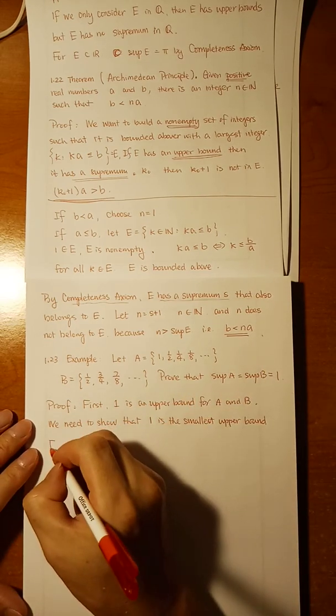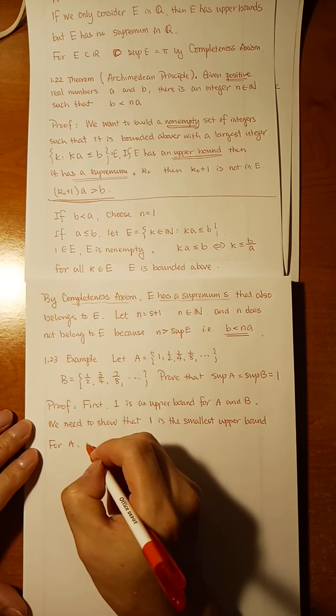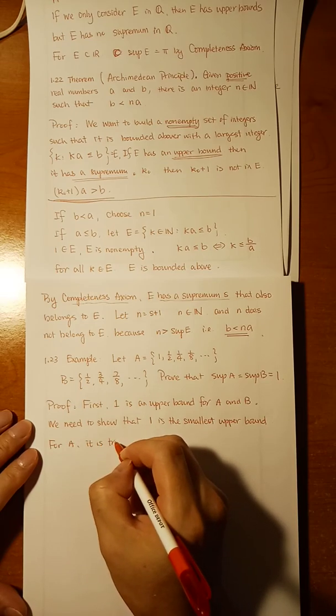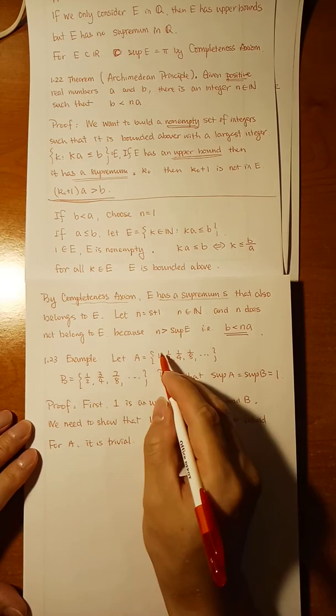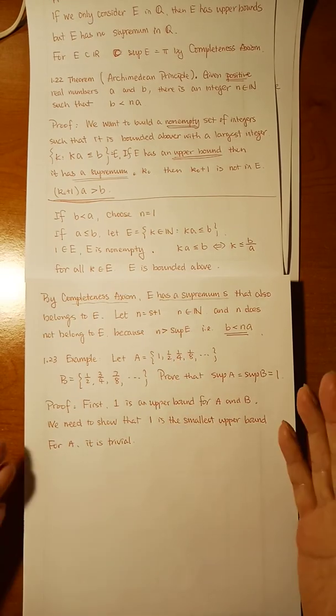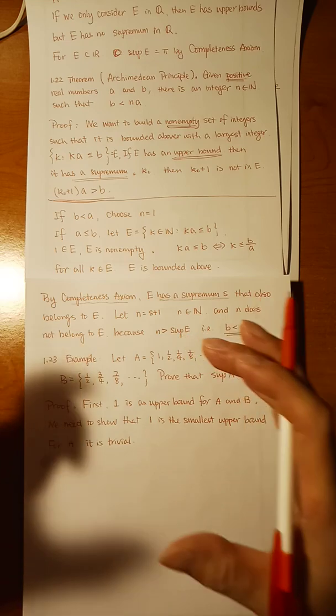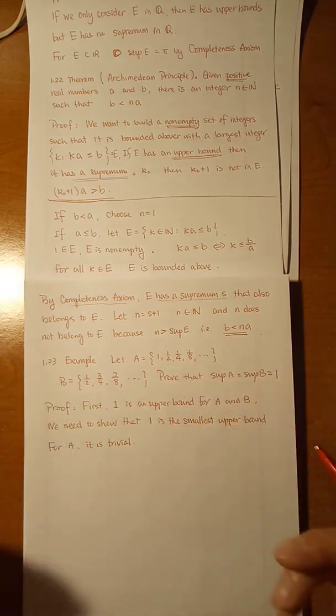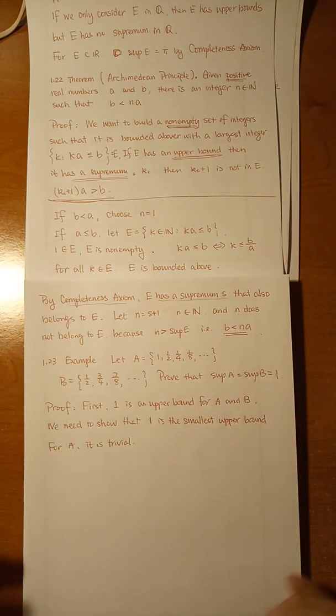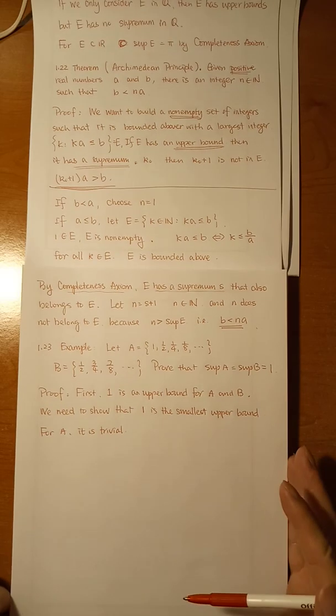For A it is trivial, because A contains 1. If you have an element in the set and an upper bound, like the closed interval 0, 1, then 1 is less than or equal to the upper bound. So for set A it is trivial.